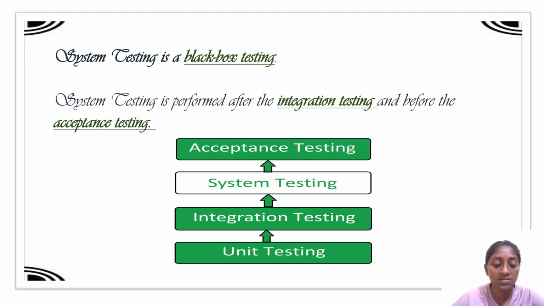It is performed to test the system beyond the bounds mentioned in the software requirements specifications, that is, SRS. System testing is basically performed by a testing team that is independent of the development team, which helps to test the quality of the system impartially. It has both functional and non-functional testing.